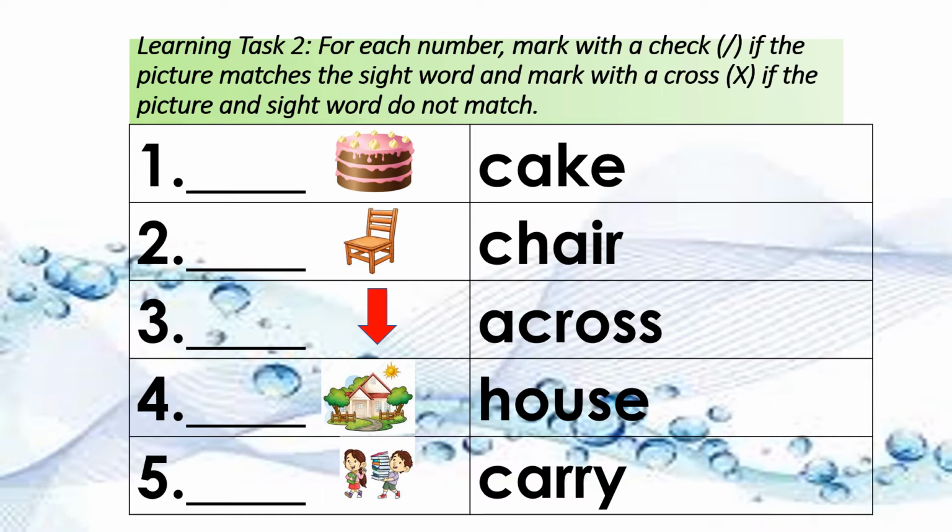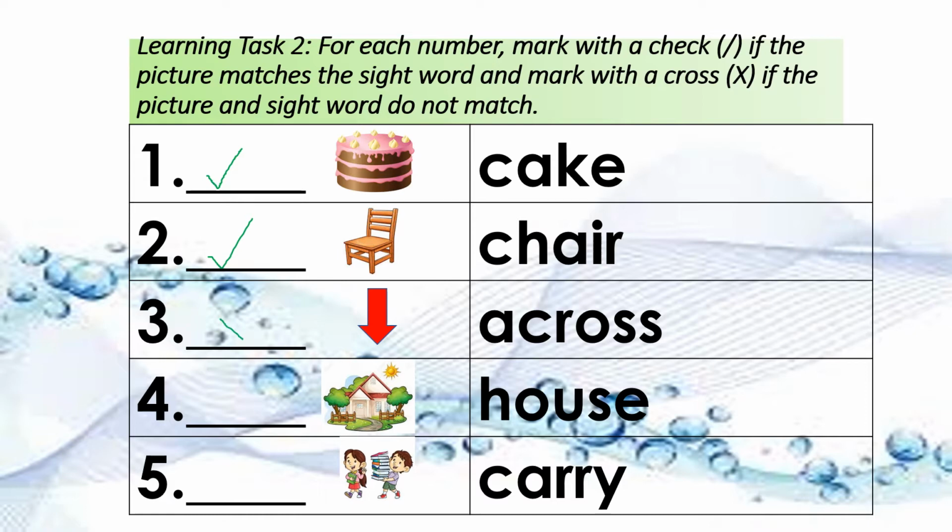For picture number 1, is this a cake? Okay, is it a cake? Yes, check. Number 2, is it a chair? Yes, it is. Number 3, a cross. Is the picture match the sight word?